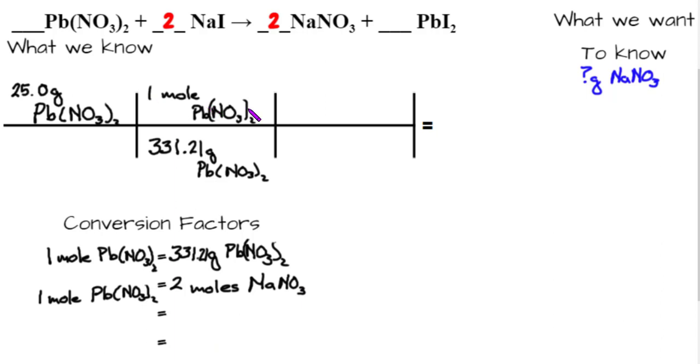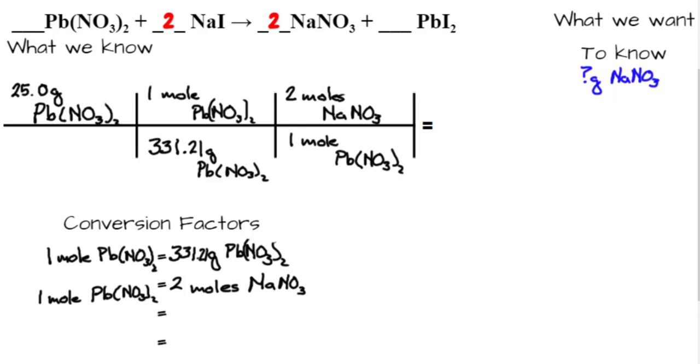And so I want 1 mole of PbNO3 to be in the denominator, and I want 2 moles of NaNO3 to be in the numerator.